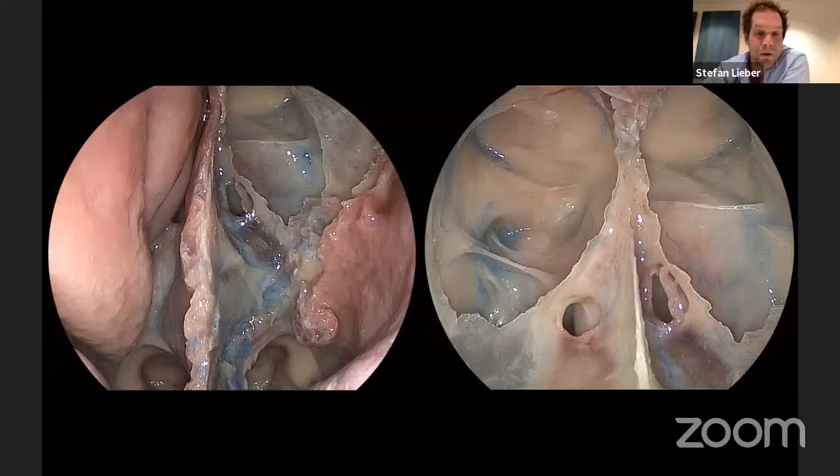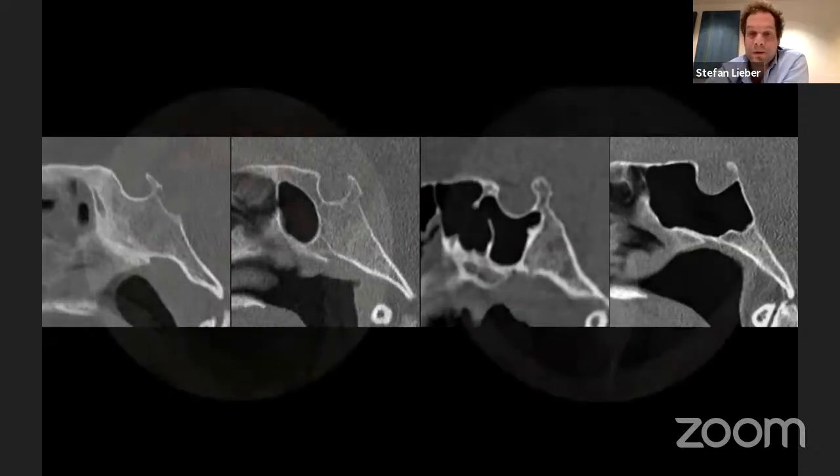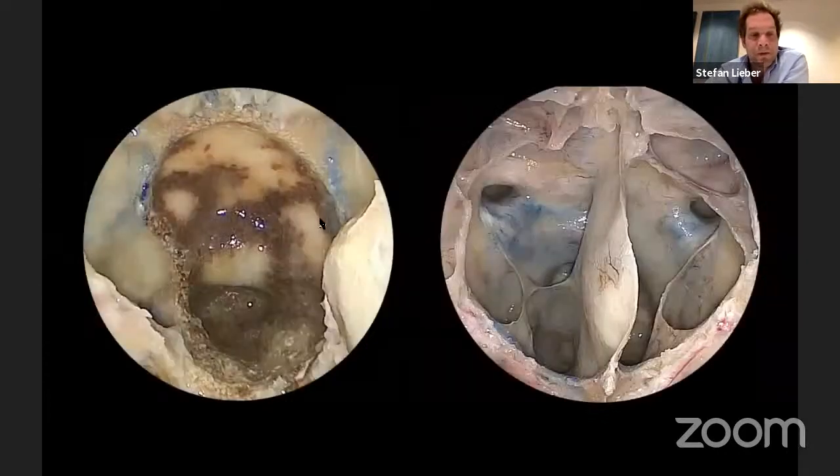There's, as you know, various stages of sphenoidal pneumatization. Depending on this, there are different ways of recognizing these stable landmarks. This is a very poorly pneumatized specimen. This is a very large, extensively pneumatized specimen where you can see the pneumatized optic strut. This structure sits underneath the optic nerve and the genu of the carotid.